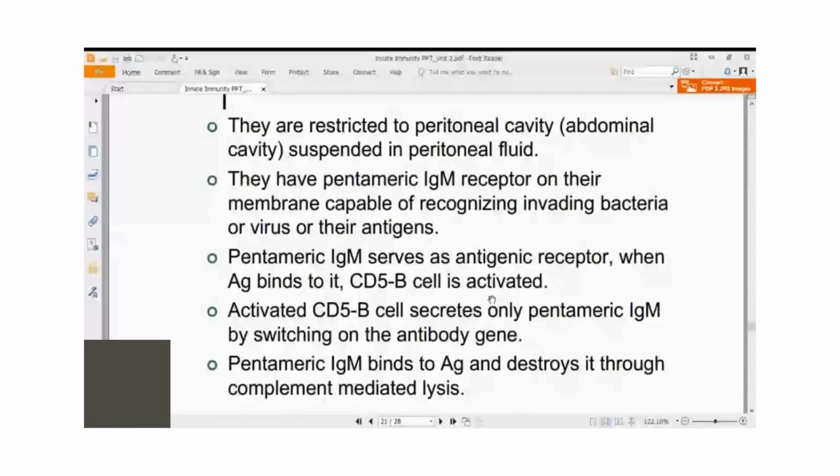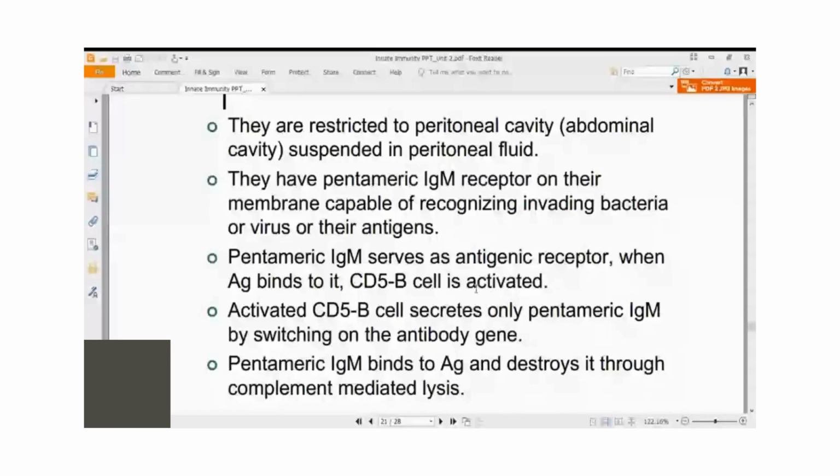We'll talk about that process when we talk about the classical complement pathway at the end of this unit. But for the time being, keep in mind, when I dealt with the complement fixation assay, I had just made a reference to it. So the complements help in removal of the antigen antibody complex.